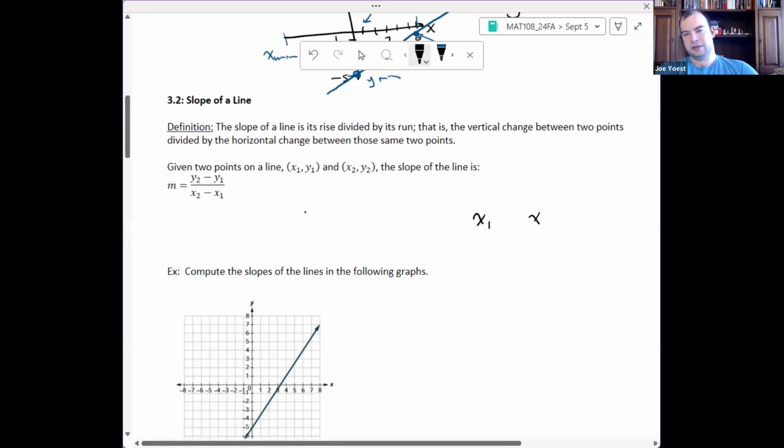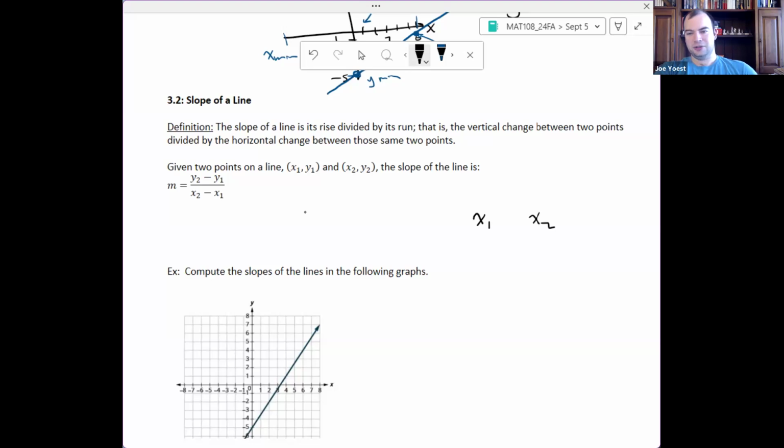So if I have two, say, x coordinates of interest, I might call one of them x1 and one of them x2. We write this little 1 or this little 2 as a subscript. It's not something like a power. It's not a mathematical operation we're performing. It's kind of like the name of the variable.